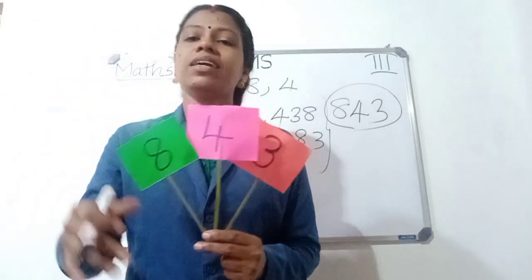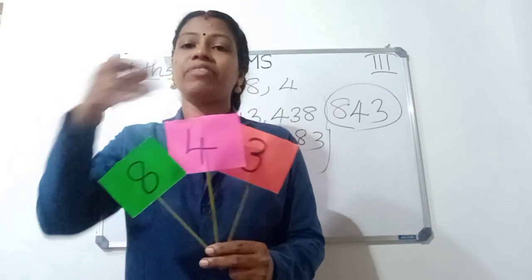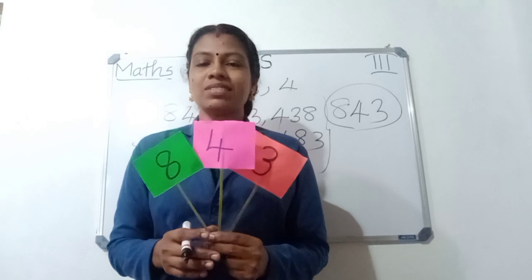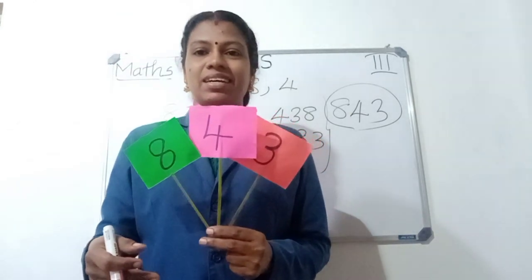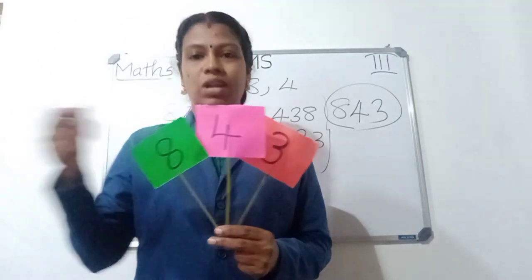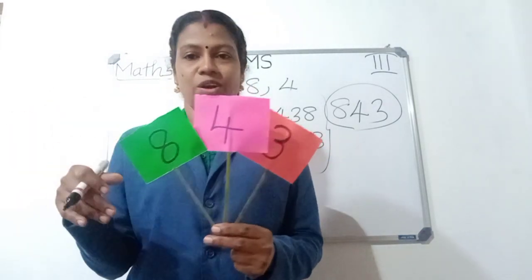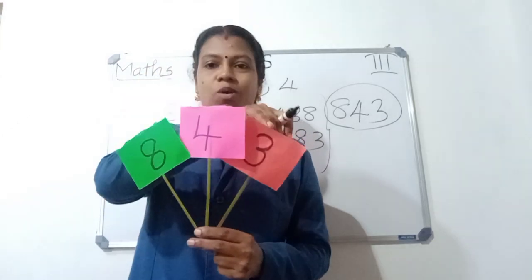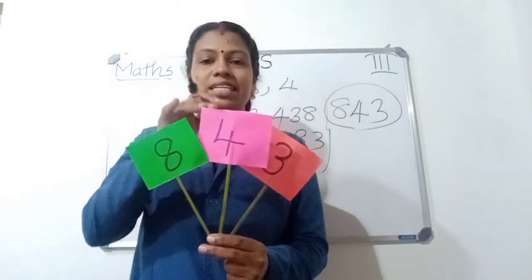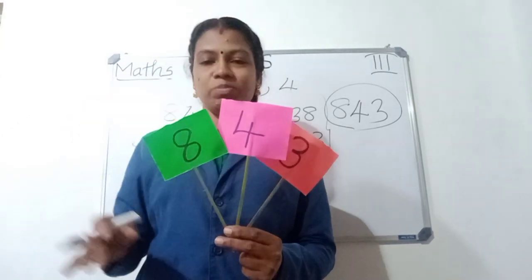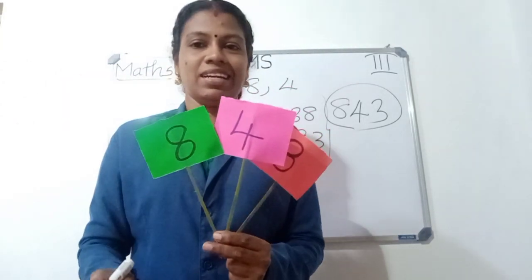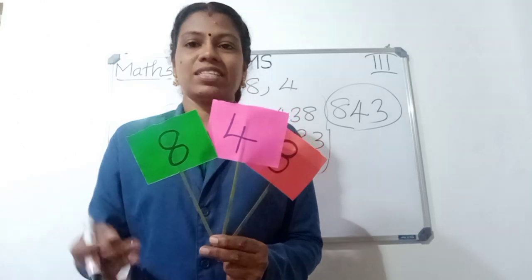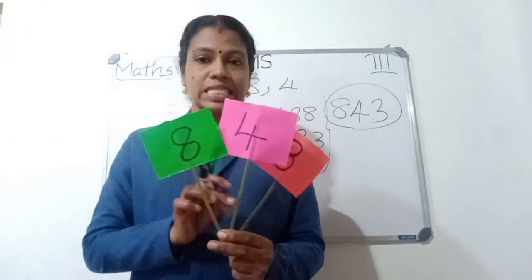It is very easy to write the smallest number from the biggest number, because the reverse order gives the smallest number. Descending order is big to small, so ascending means small to big. So just reverse the numbers. That will give the smallest number.